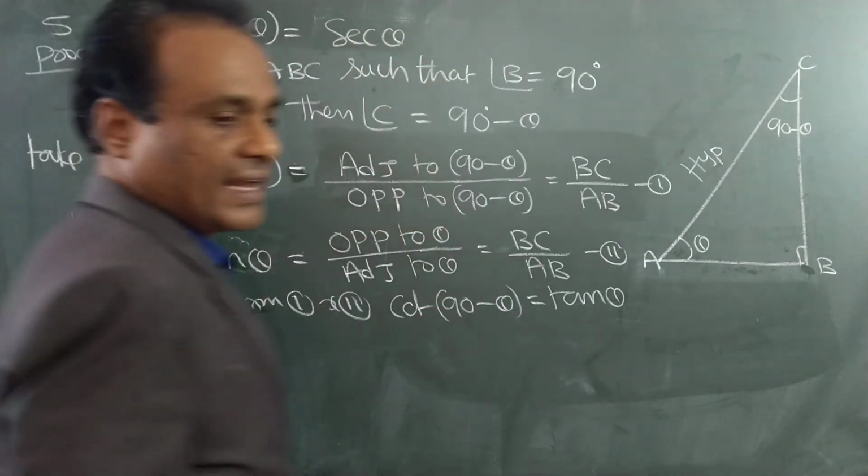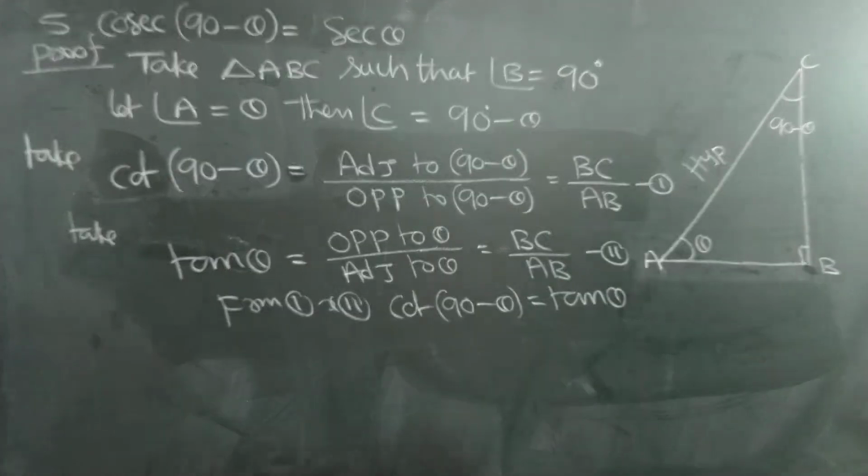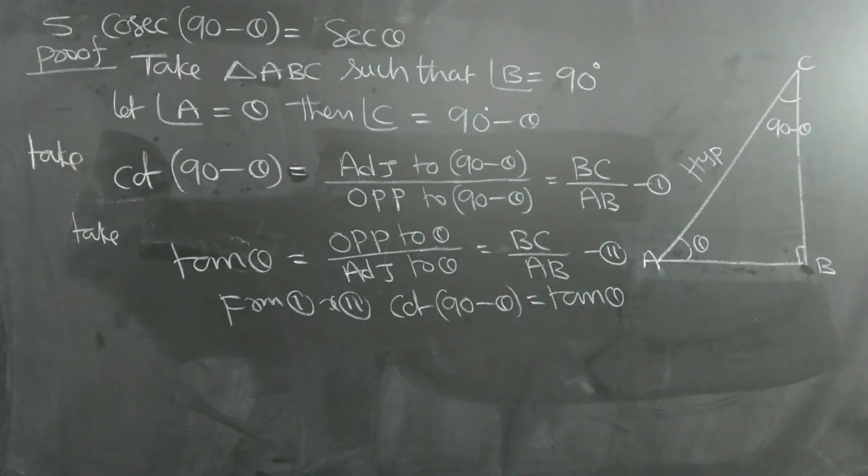Write down this and let us prove it. You can start it. Cosecant 90 minus theta is equal to secant theta. So prove that formula.